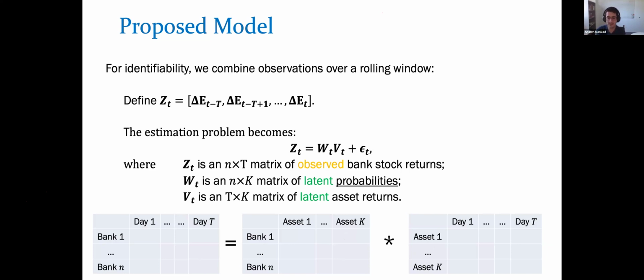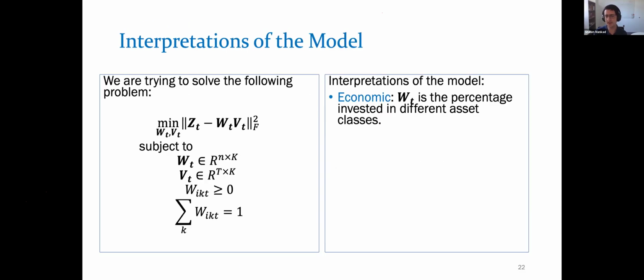They can't be negative, and there's a sum to 1 constraint on each row. This ends up being a critical constraint that gives us a lot of interpretability, so I just wanted to emphasize that. The V, on the other hand, can be any real number. So this is what's known in the matrix factorization world as semi-non-negative matrix factorization.